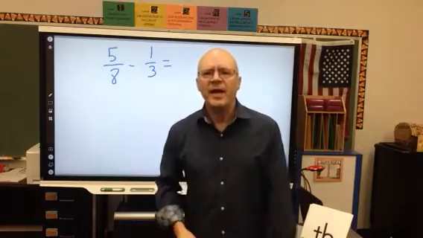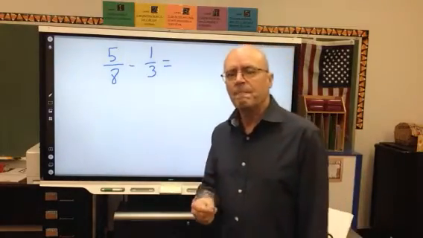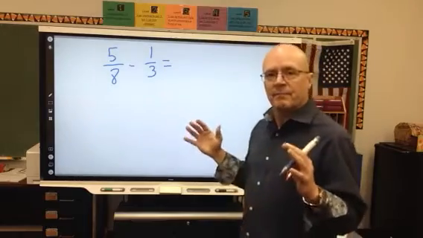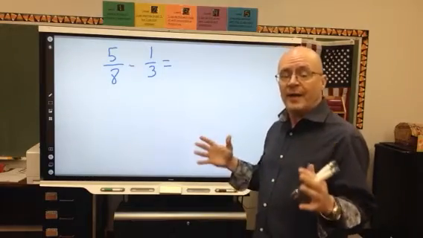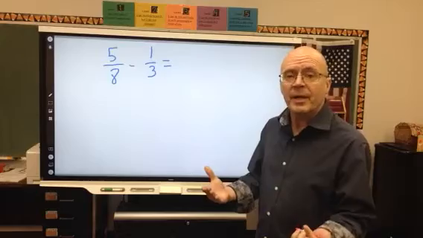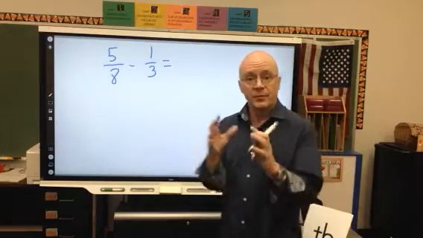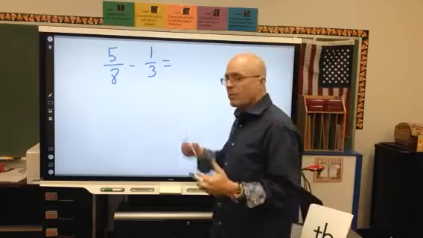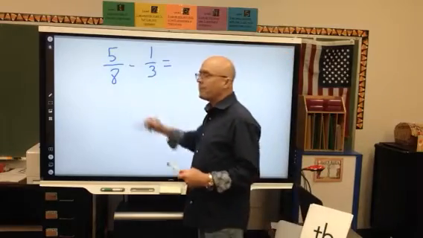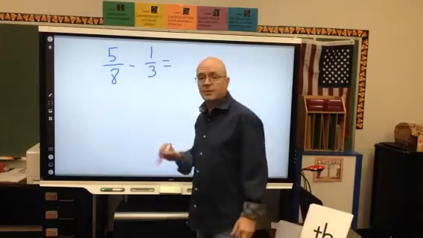Okay, 5/8 minus 1/3. Now, I've got to find a denominator that's common. I must find multiples of these numbers that are the same. I'm going to start with my small one and see if I end up with my large one. That way we can keep that one the same.